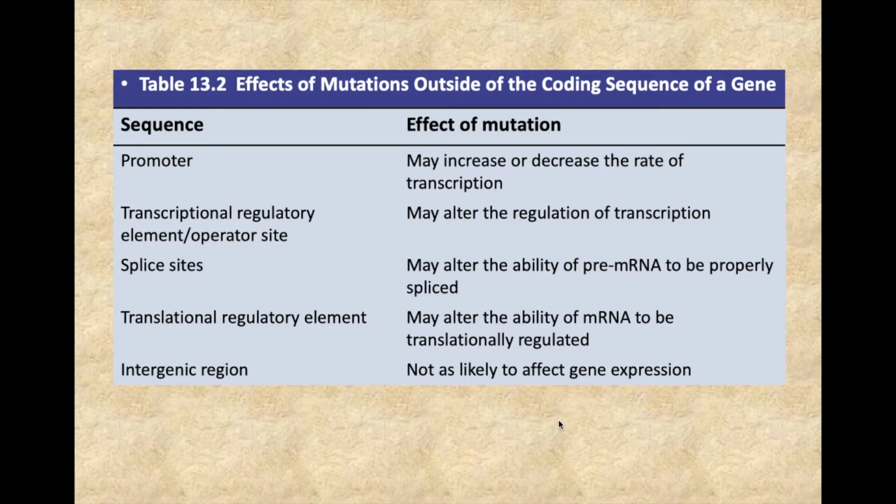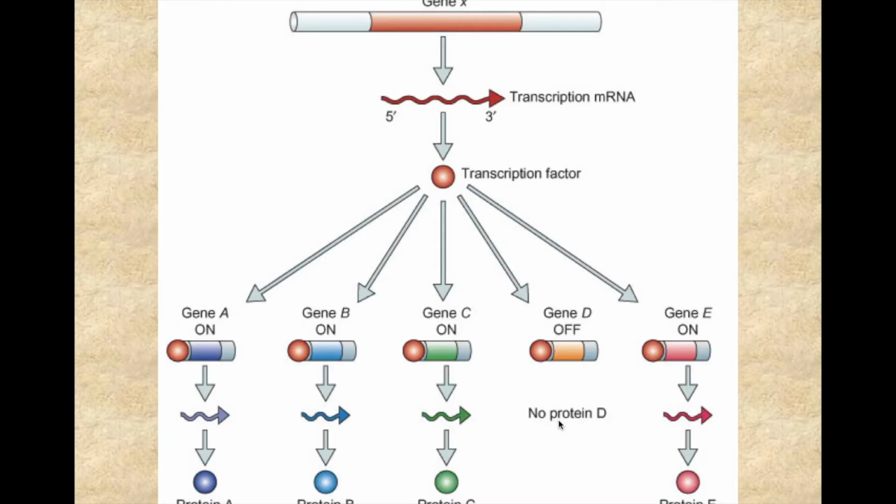Potentially, you can get mutations in intergenic regions happening between genes, and in many cases, those regions are acting as essentially spacers between genes, and they don't appear to have dramatic impact on the gene expression at all. We could think of those almost as neutral mutations. So mutations can happen outside of the coding sequence. So mutations can happen virtually anywhere within the DNA.